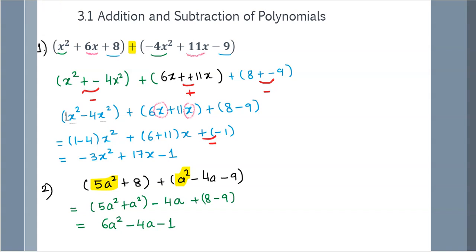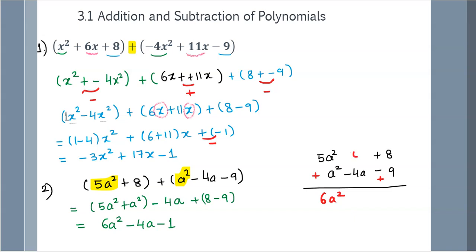You can also write it in this way if you feel that is much easier for you. You have 5a square and plus 8. From the second term, a square minus 4a minus 9. Now you are adding, so just add them. 5, there is nothing means 1, so 6a square.